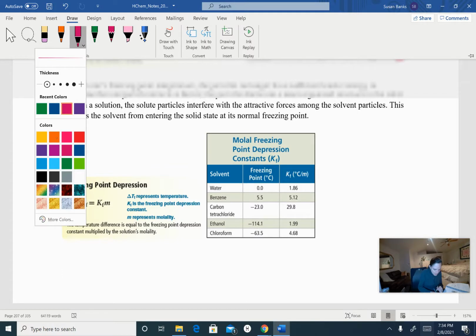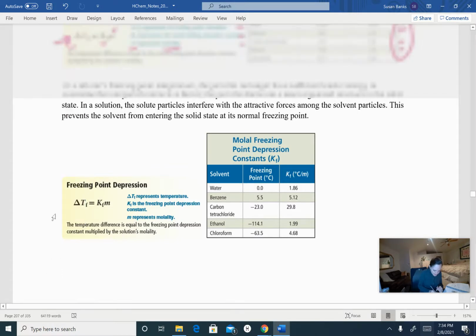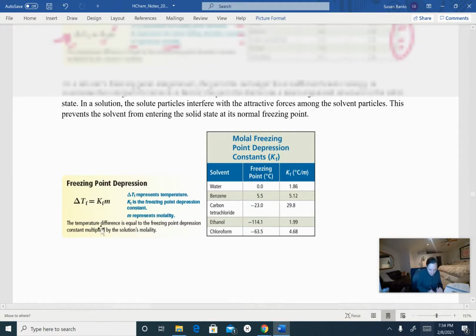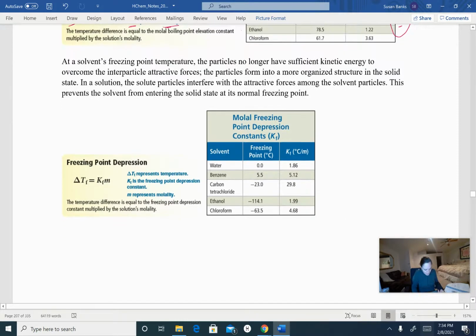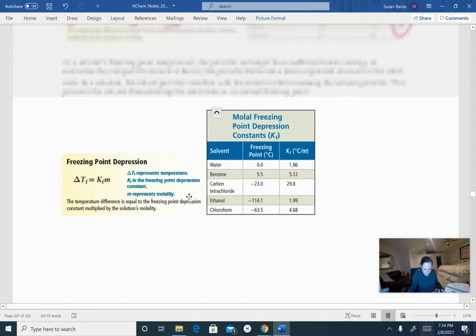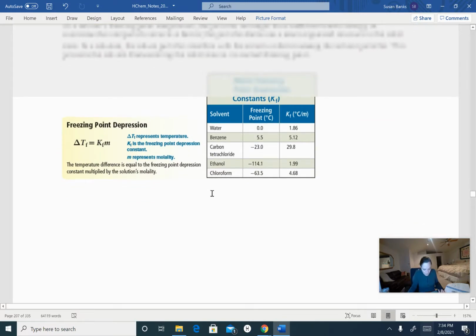Okay, so when we look at that, our formula is the change of the temperature equals the freezing point constant multiplied by the molality. Now we're going to be taking that freezing point change and subtracting it, because it's a depression from the normal freezing point. Okay?